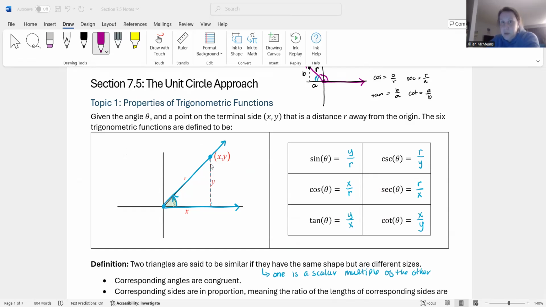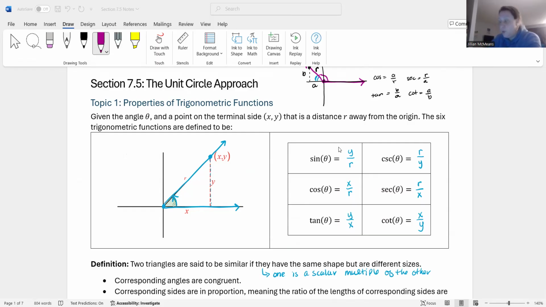Knowing that, we were able to build this right triangle and remind ourselves of what the 6 trigonometric functions are. So we know that for sine, it's opposite over hypotenuse. For cosine, it's adjacent over hypotenuse. For tangent, it's opposite over adjacent. We know cosecant is the reciprocal of sine. Secant is the reciprocal of cosine. And we know that cotangent is the reciprocal of tangent.